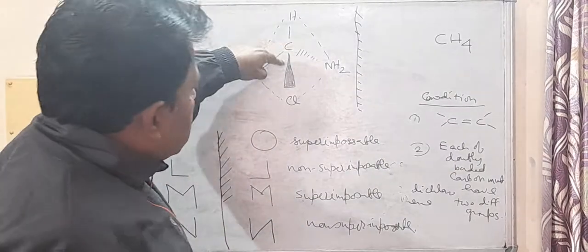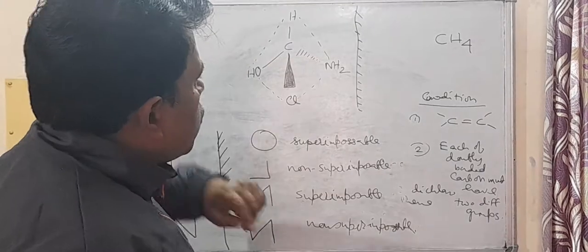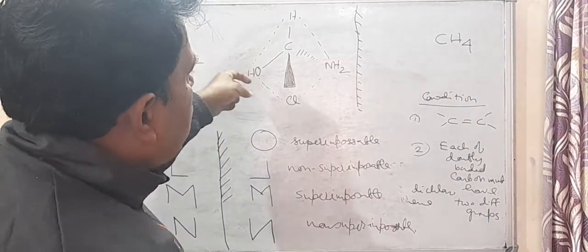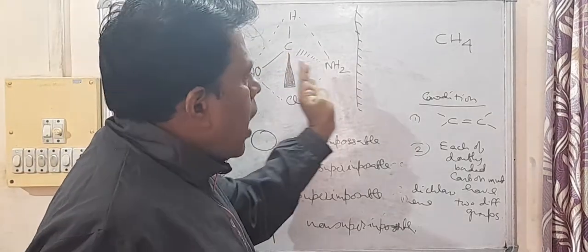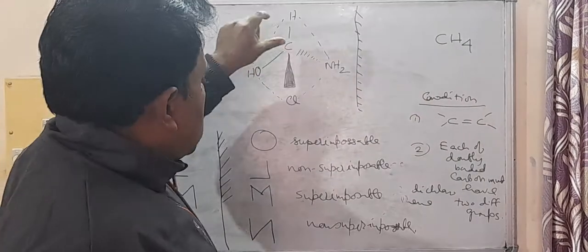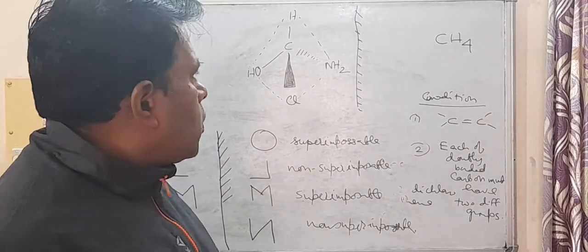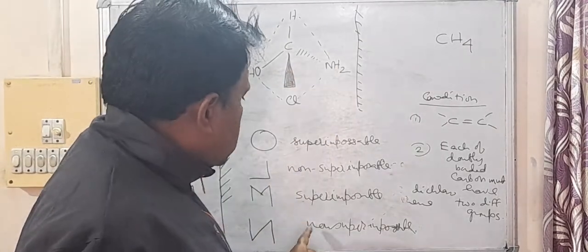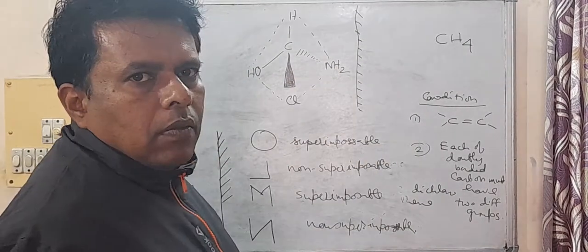So a carbon atom is attached to four different groups. Now what is found is that this compound and its mirror image will not superimpose. So in this case we will have non-superimposable.